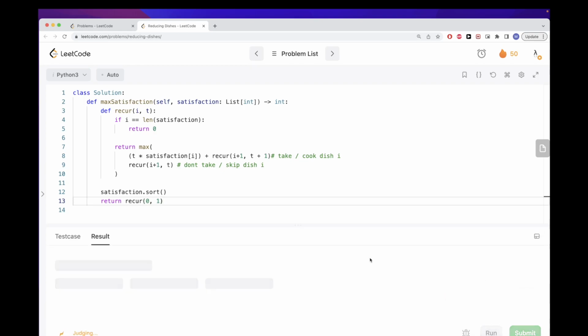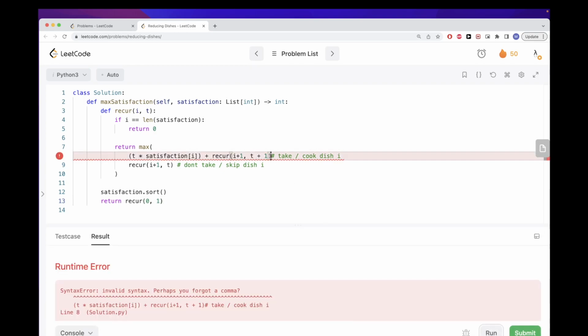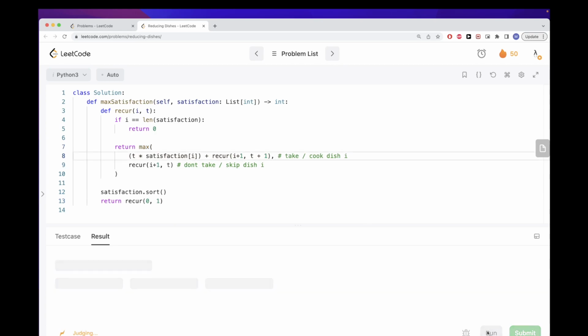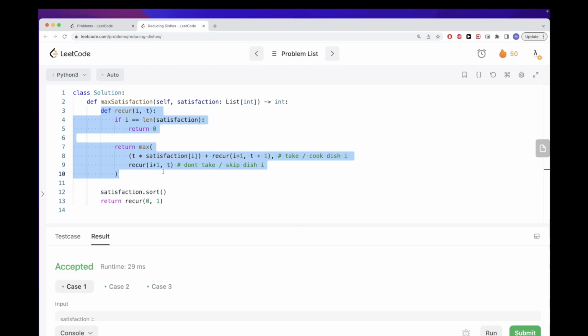So let's run it first on the examples. Looks like here, because we are taking the max, we need a comma. It looks good so far. Now, to prevent this from giving us a time limit exceeded, we need to memoize, so that if one of these gets called with the same parameters multiple times, we don't recalculate it each time.